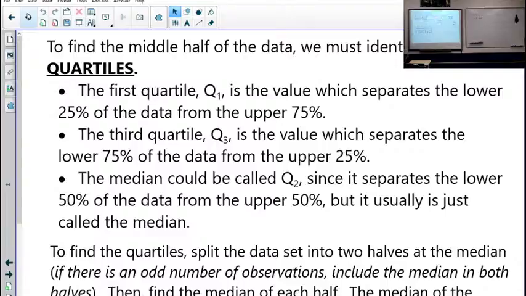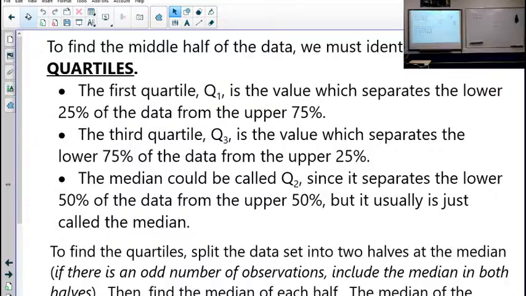But I could take those halves of the data and split them in half again, and now the data is split into quarters. We have lower quarter, the lower middle, lower high, and highest. So we basically have 0 to 25% of the data, 25 to 50, 50 to 75, 75 to 100. Instead of lower half and upper half, it's splitting the data into quarters.